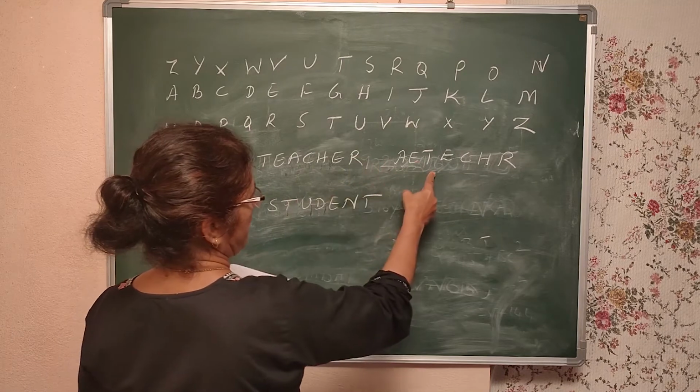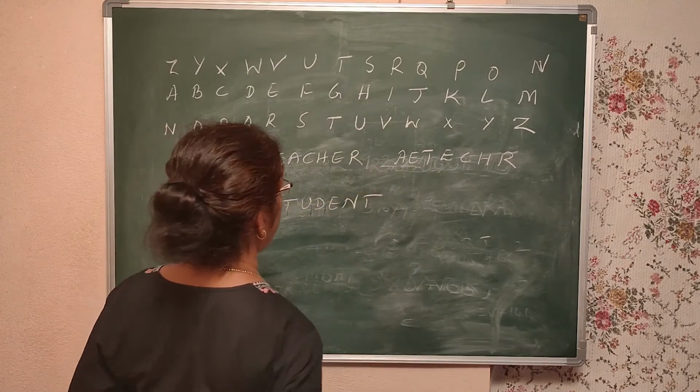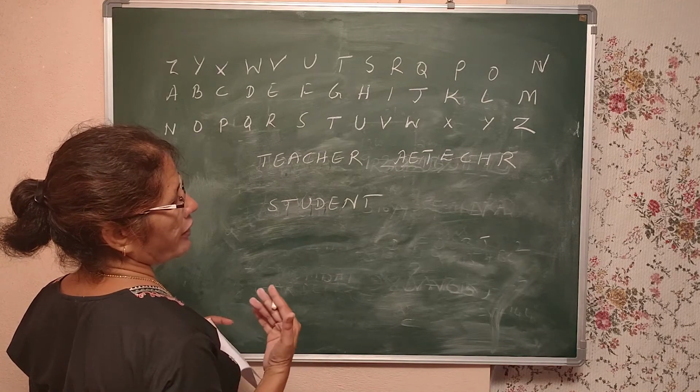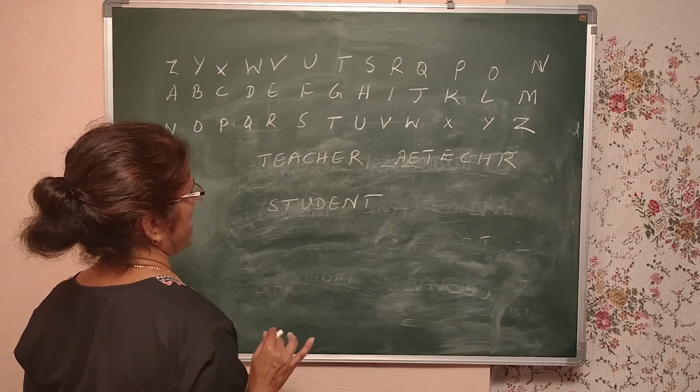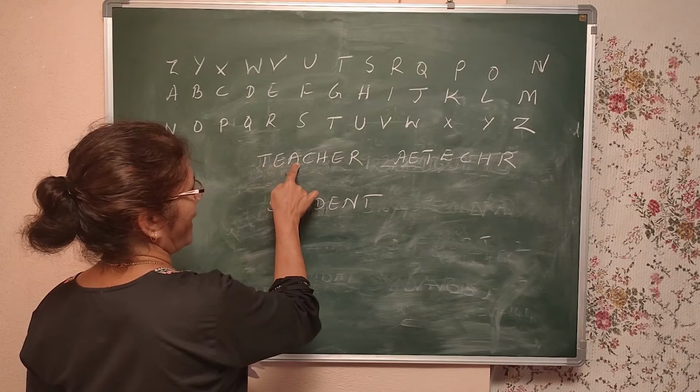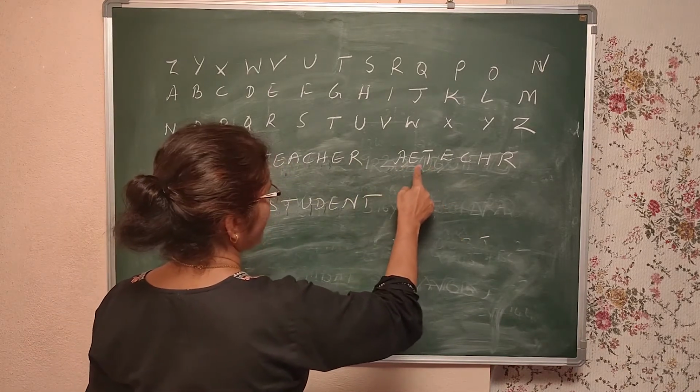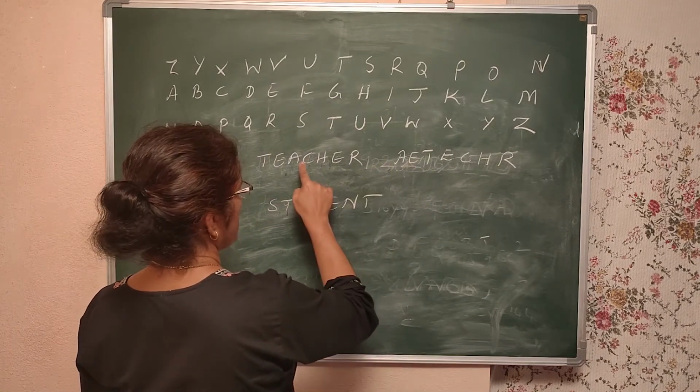Look at this, it looks almost the same letters, but they have given, I have told you already, they call jumbled letters. TEA, they have done one group, they have written it reversed, right? TEA.